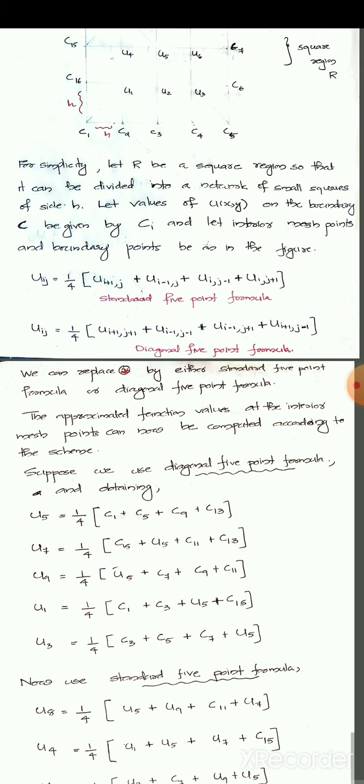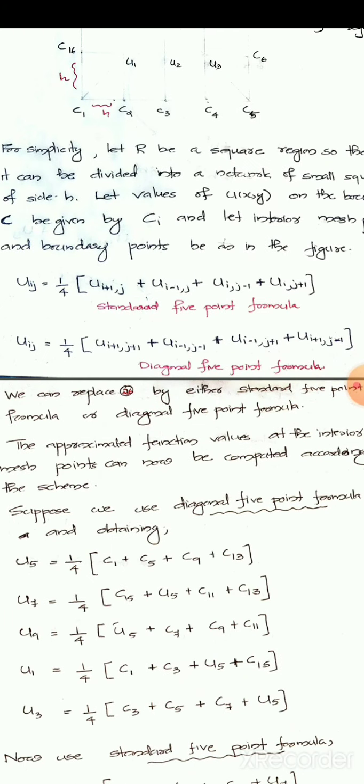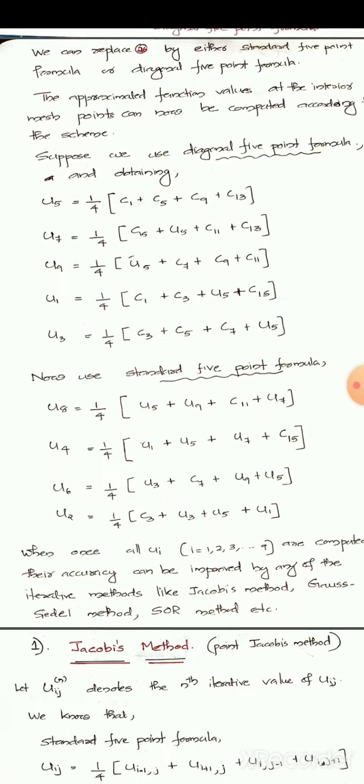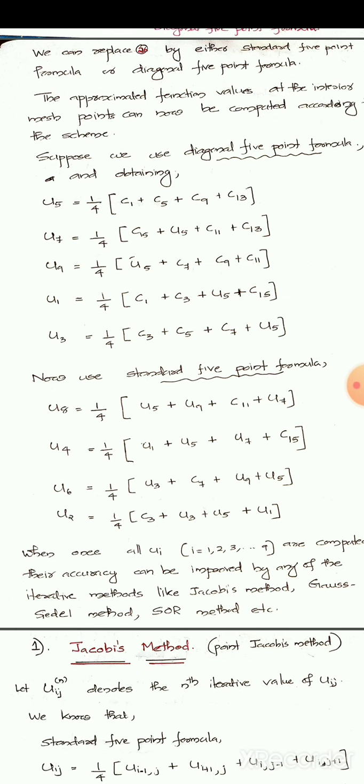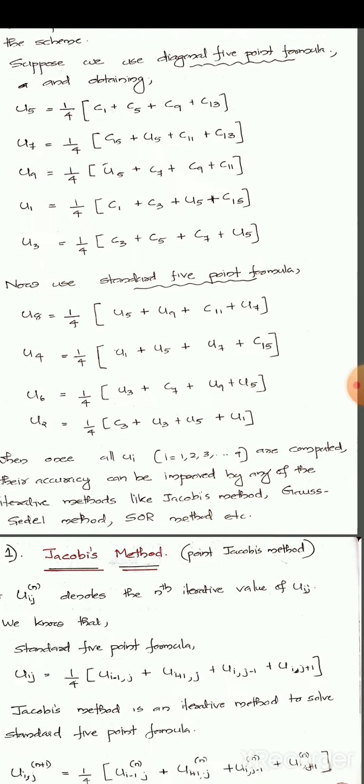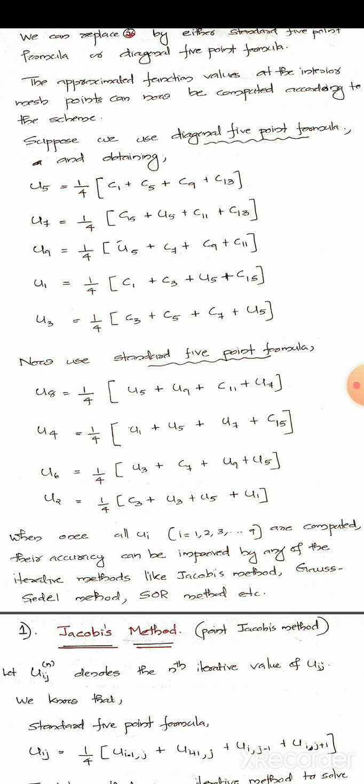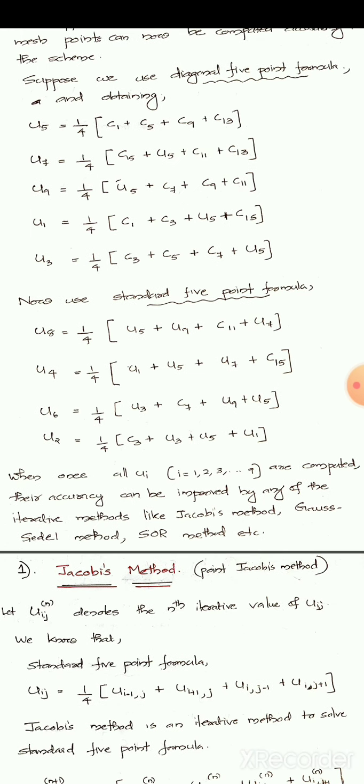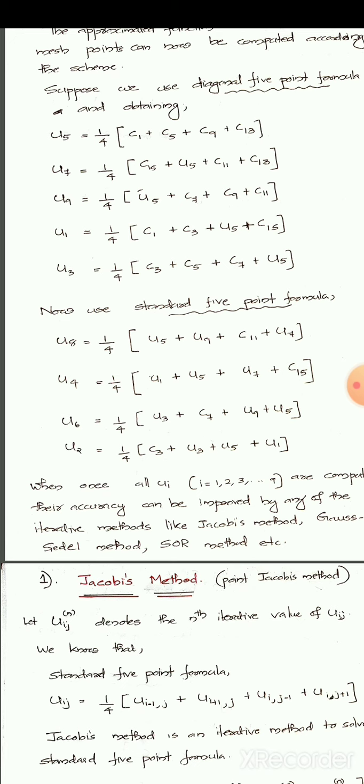So we know the standard 5-point formula and diagonal 5-point formula without errors. Applying them, we get u1, u3, u5, u7, u9 by the diagonal 5-point formula, and by the standard 5-point formula we get u8, u4, u6, u2.